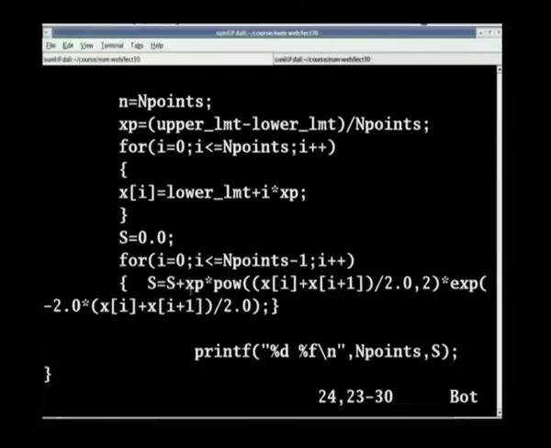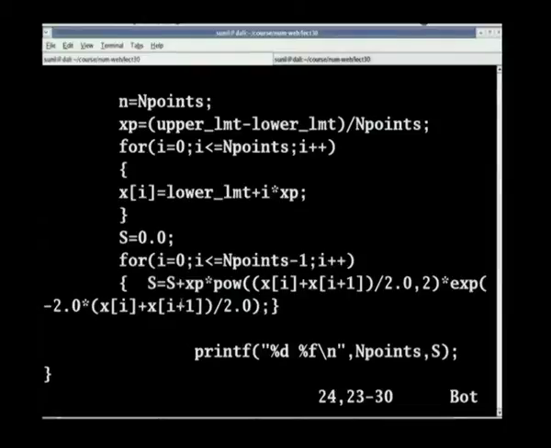That's f of a, so b minus a is for each interval, that is xp, now b minus a divided by n points, and the function evaluated here at the midpoint, that is x of i plus 1 by 2 to the power 2, that is x squared, e to the power of minus 2 x of i plus 1 by 2. I have written it that way.